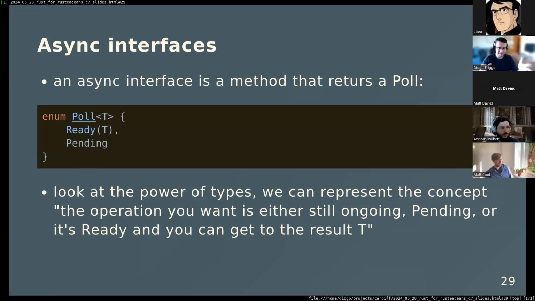Of course, this will depend on how the type is used, but the idea is that we are representing here an operation that is either done, and here's the value, or it's pending, and you will have the value at some point in the future. So this is really key to understanding asynchronous Rust, this Poll type returned by a future.